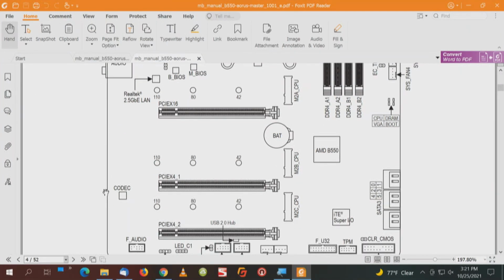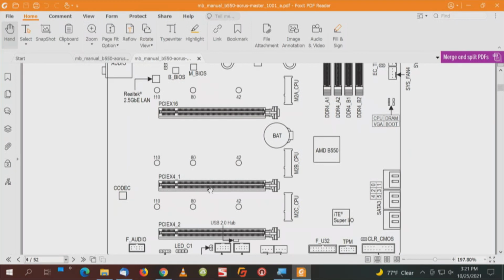So number 1, you have 3 16-lane slots mechanically, but all 3 of those 16-lane slots are not dedicated. In other words, that first 16-lane slot is a shared slot. And if you use those other 2 M.2 connectors on the motherboard, that primary 16-lane slot for your GPU becomes an 8-lane slot. And then down here, you have PCI Express by 4_1.